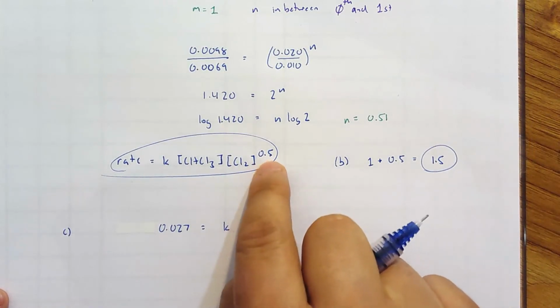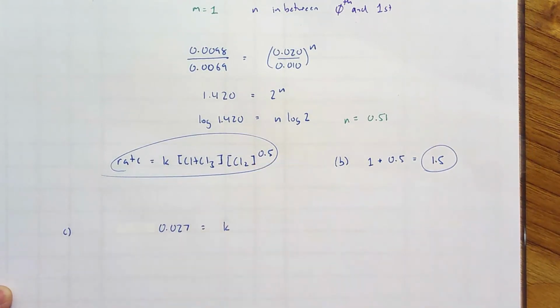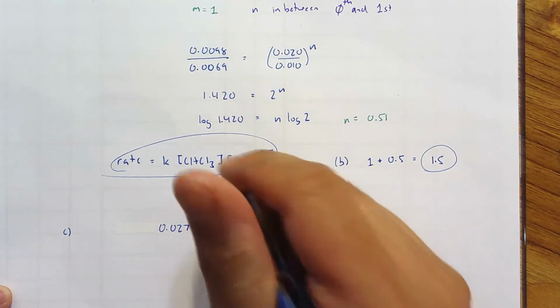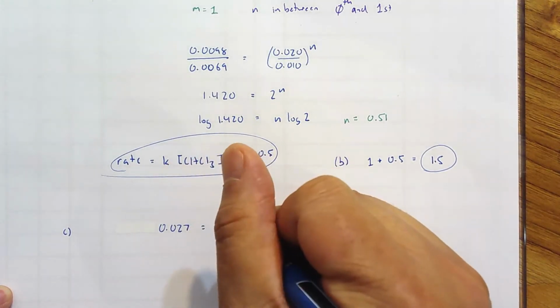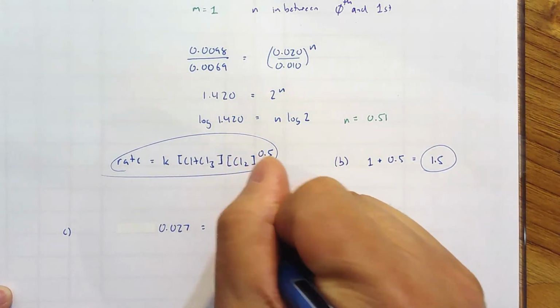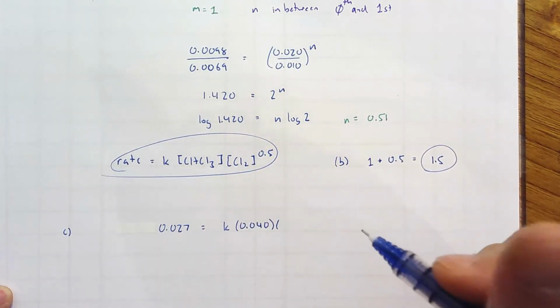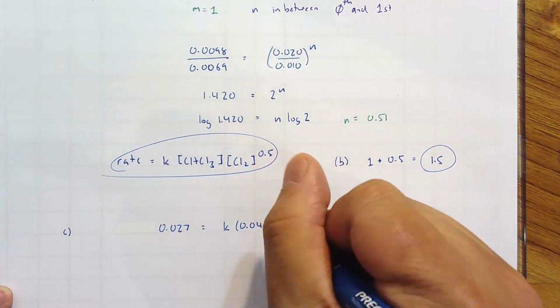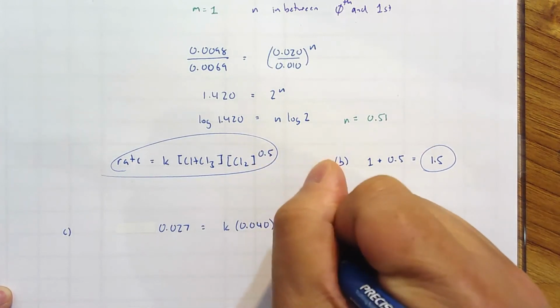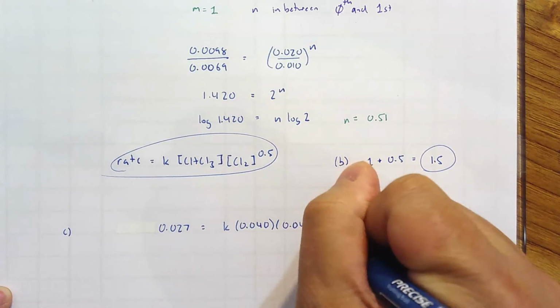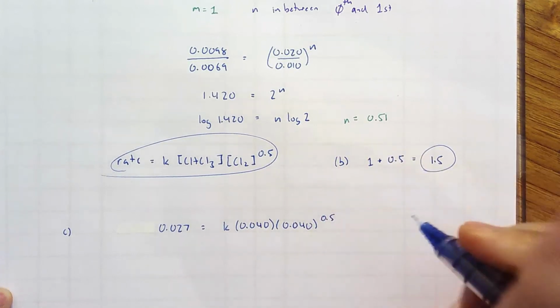We're going to take it raised to the 0.5. So we have concentration of CHCl3 is 0.040. That wasn't raised, well, it was raised to 1. And then Cl2 was 0.040 raised to the 0.5.